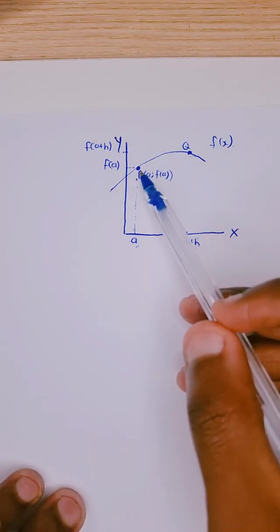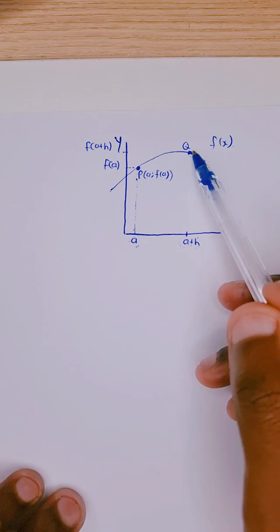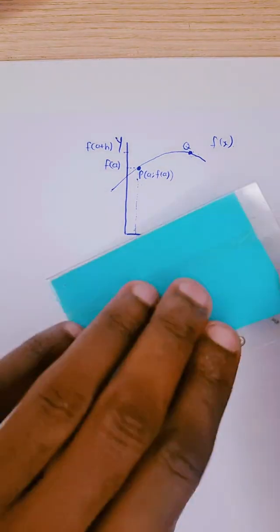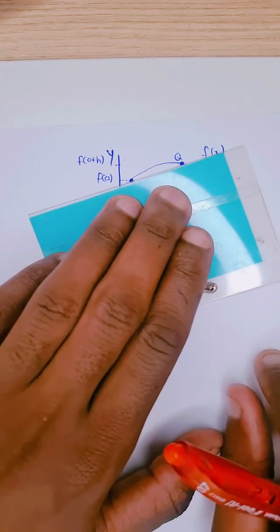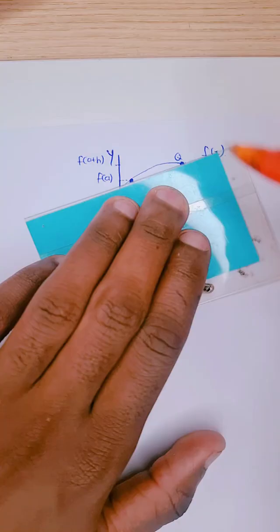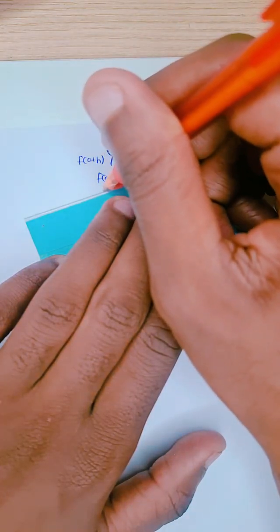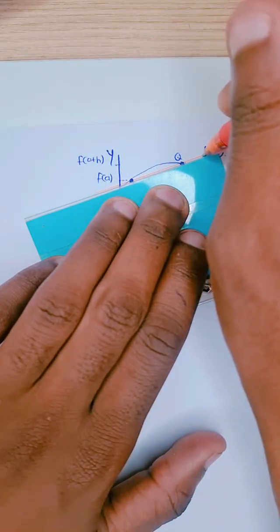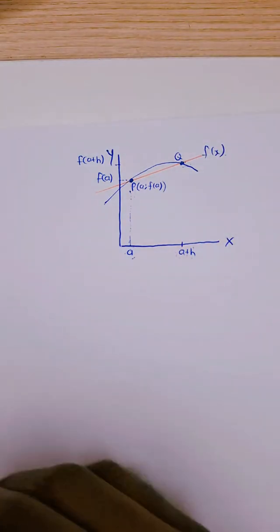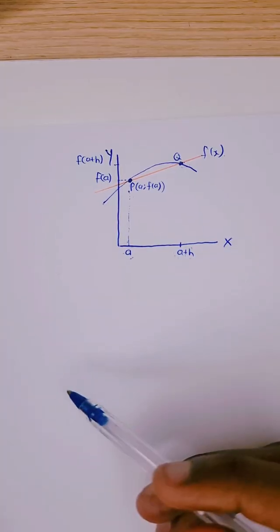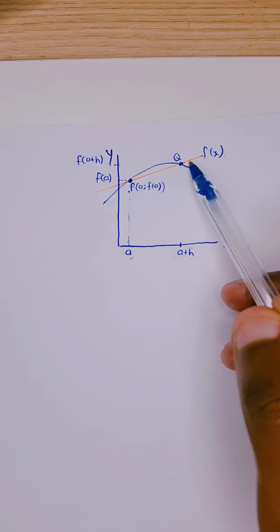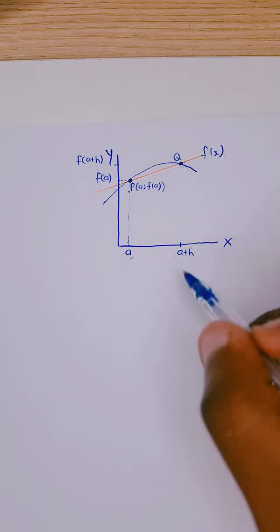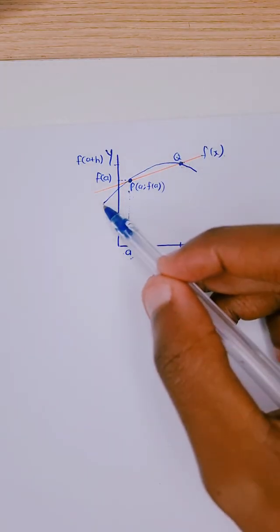It has a point P, and then it has a point Q. Let us then say that there is a secant line between 2 points on this curve.